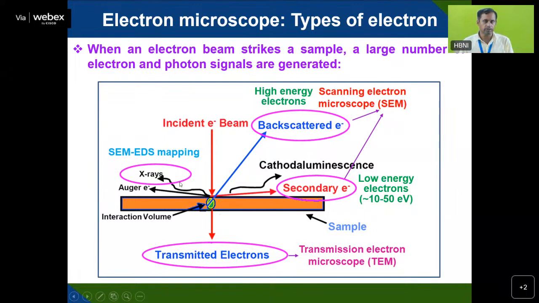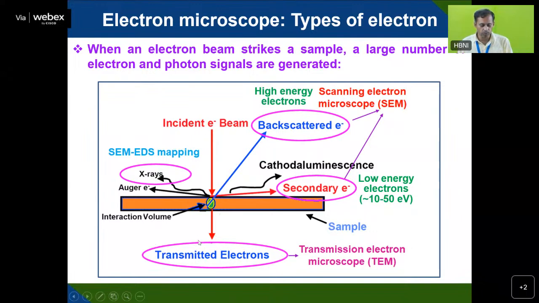As you know, these X-rays are characteristic of a particular element, whether it is cobalt, nickel, or manganese. So all those types of elemental analysis you can do, and you can also get quantitative information from this. If the electron beam is transmitted through the material, you generate mainly transmitted electrons, which are used in transmission electron microscope.